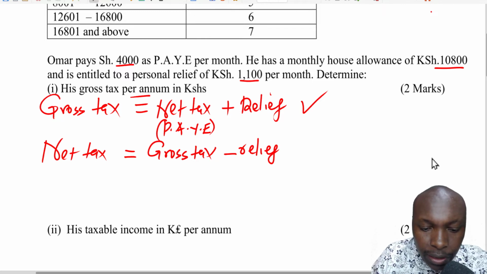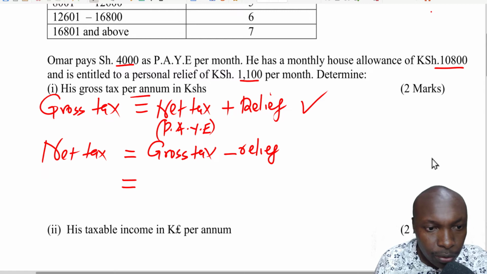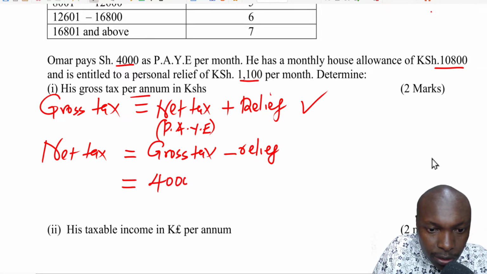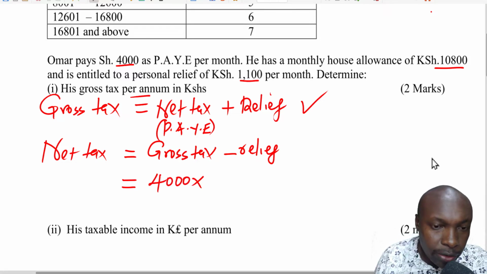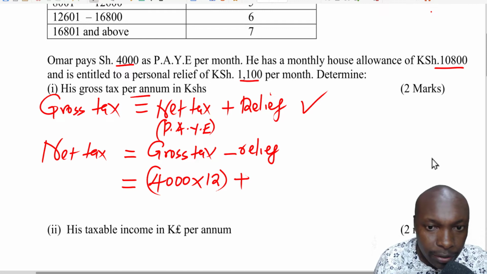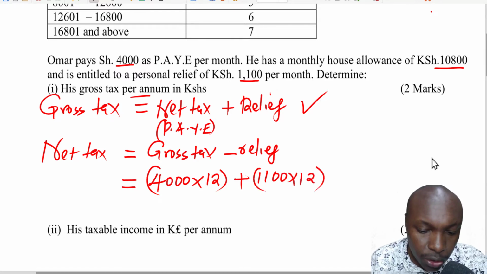The relief is also given per month, so we need to multiply that by 12 as well. So the gross tax will be the net tax, which is PAYE, 4,000 times 12, plus the relief per month, 1,100, again multiplied by 12.